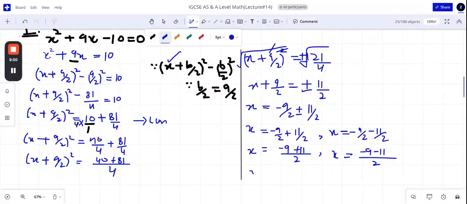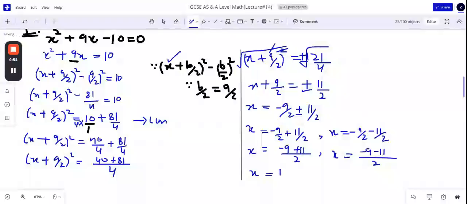So now x would be equal to minus 9 plus 11 over 2. Minus plus makes minus. 11 minus 9 is 2, over 2, and the bigger number has the positive sign, so we will place positive here.